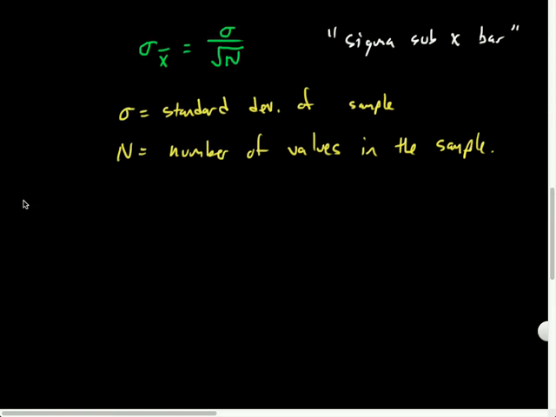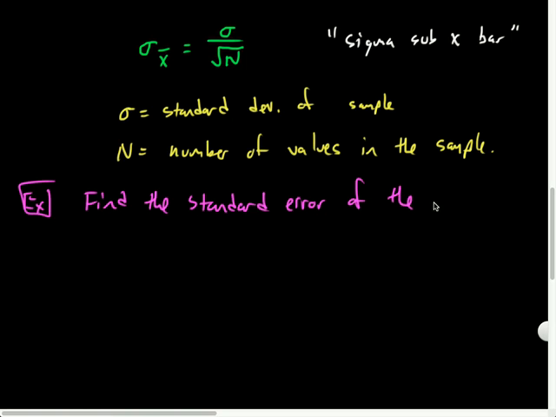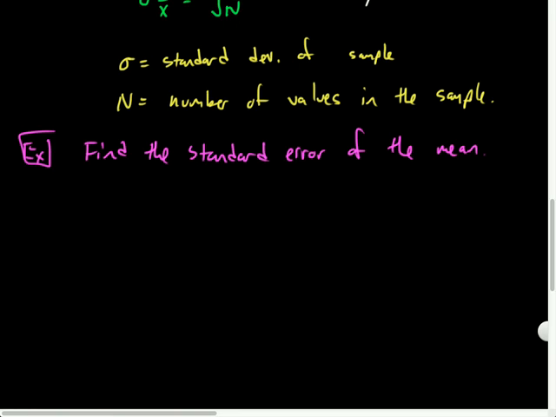Let's see what this looks like. So what if I say, find the standard error of the mean in this population? Let's say that n is equal to 100. Let's say that the mean of our subset of our population, our sample, is going to be 60.